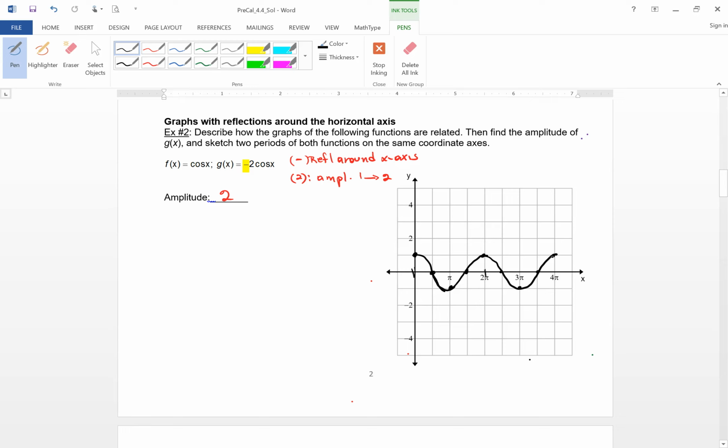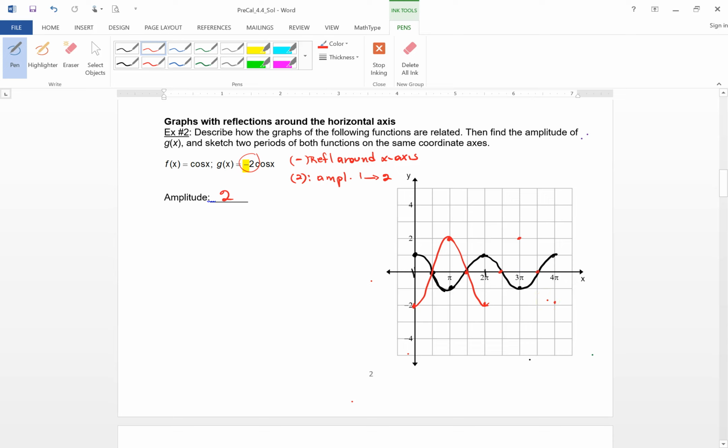Okay? Now, for g of x, we're starting at what point instead of 1? Negative 2. So we start here, go to 0, up to 2, 0, down to -2. And then we do the same thing.